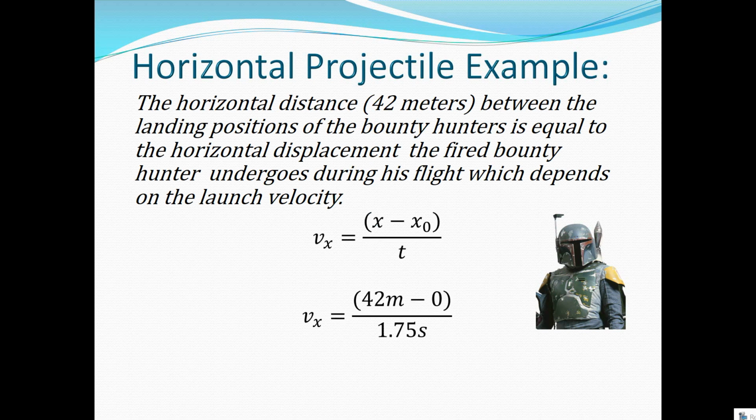Velocity is equal to the displacement divided by the time. Our displacement is 42 meters, and the time it occurred over was 1.75 seconds. So 42 divided by 1.75 gives the velocity the bounty hunter was launched with, and that is 24 meters per second. And this type of problem is a common one.